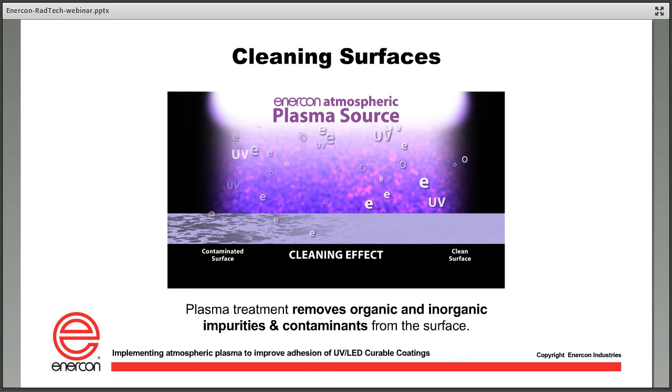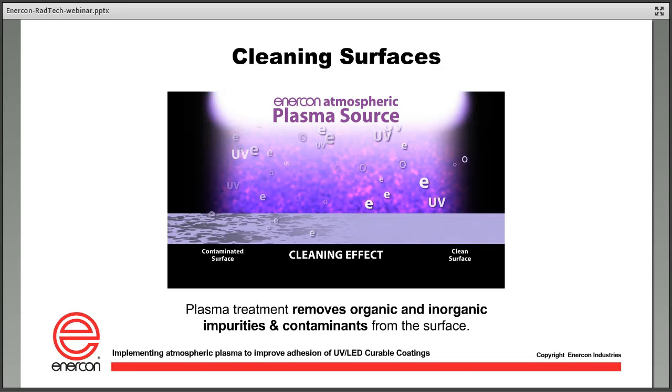And I'll go into a little bit more detail on that. So to start with, cleaning. I mentioned early on that sometimes you're dealing with contaminants, especially working with metals, but once again, could be mold release or other contaminants on your part. If the surface is not clean, you're ultimately just bonding to that contamination. So it might initially look like you have a good bond after you've UV cured, but you might find via crosshatch test or some other kind of tape test or other methods that you're using that it's truly not bonding to the substrate.